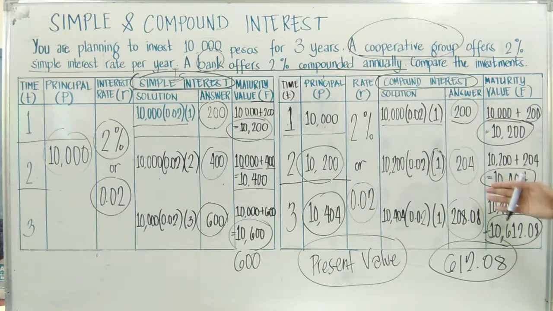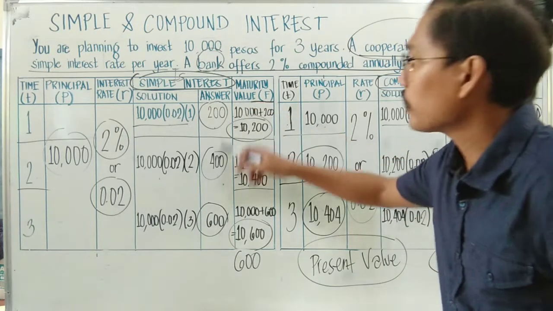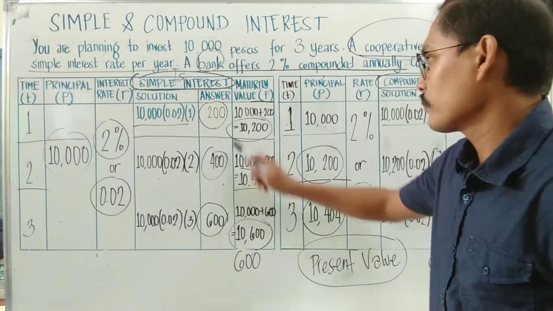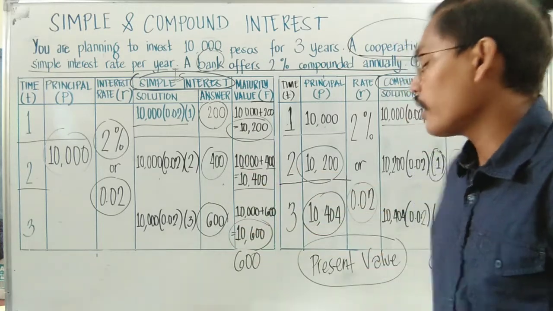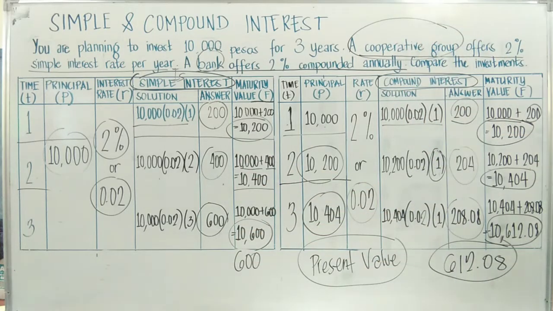So for every year in compound interest, the money will earn a greater and greater value. While on this simple interest, your money earns a constant value.